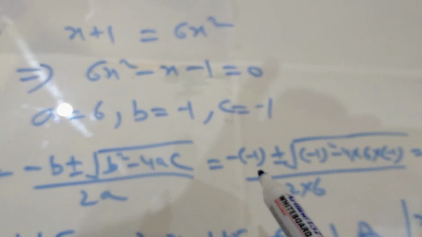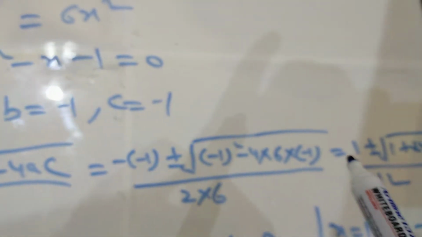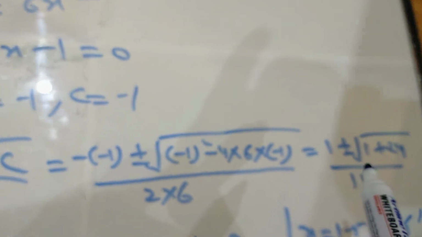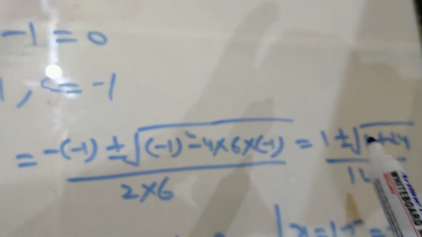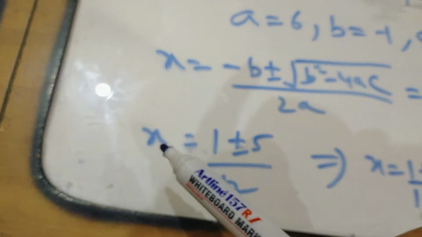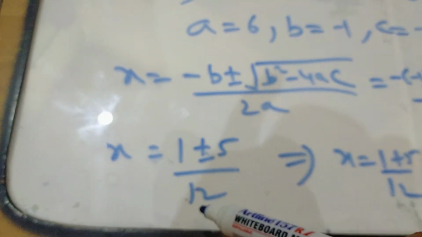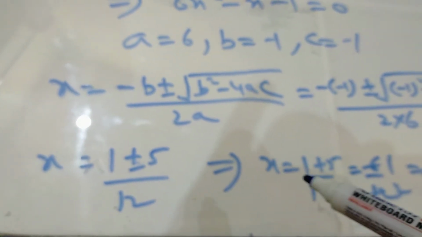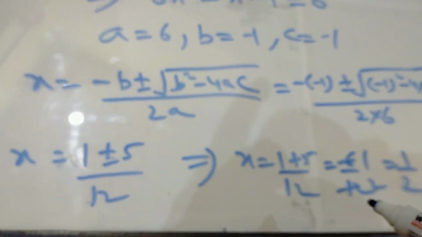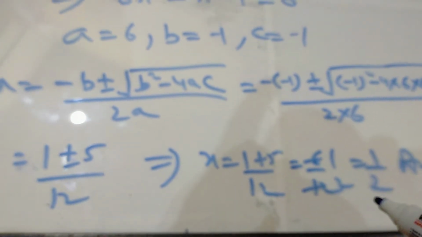After substituting the values, I am getting 1 plus minus under root 1 plus 24, it is 25, and root of 25 you know is 5. So x is equal to 1 plus minus 5 upon 12. First I will take plus: 1 plus 5 upon 12 is 6 upon 12, so it is 1 by 2.